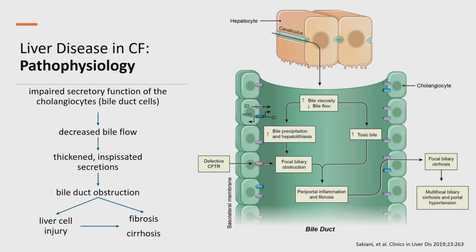You have impaired secretory function of these cells, decreased bile flow, thickened inspissated secretions, and bile duct obstruction. You get liver injury, and that leads to fibrosis and cirrhosis. It doesn't lead to steatosis.